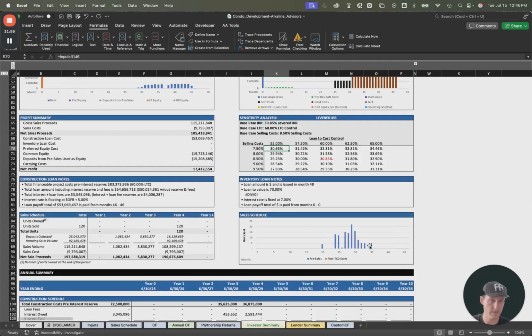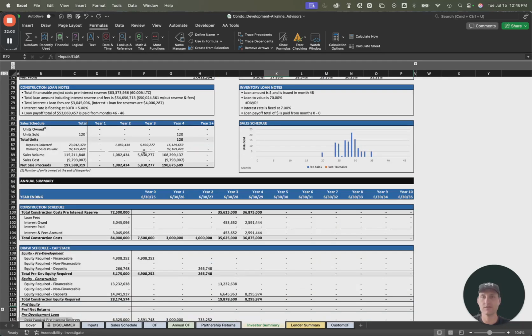They're all sold pre-TCO. And we have a sample of the annual summary as well, year 2, year 3, year 4. So these are all going to be sold more or less in year 4. Or that's when they're delivered, I will say, which means they're off our books in year 4.